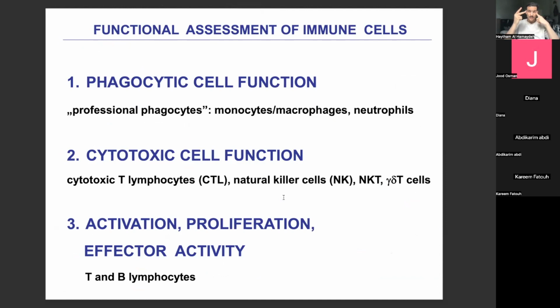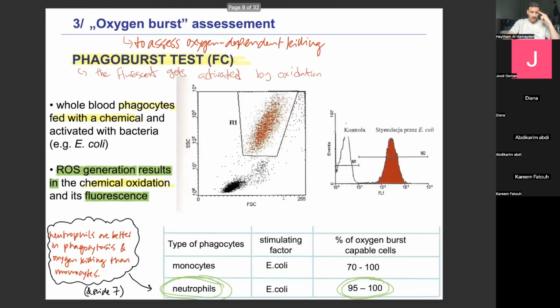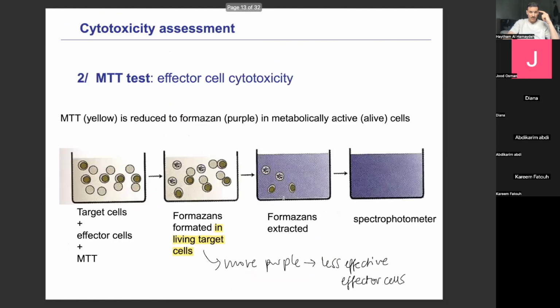Three, we test the ROS active function by using NBT, chemoluminescence, or cytochrome C. And then we have cytotoxic cell function. In this case, we use chromium as a radioactive substance, or we use flow cytometry, or we use the MTT test, the confusing MTT test with formazan.